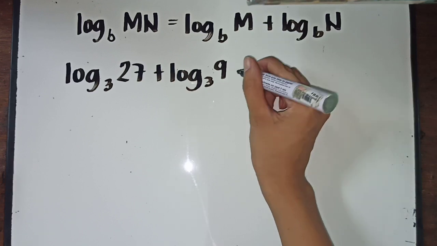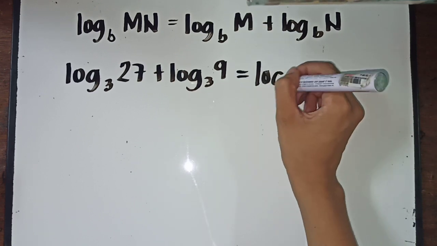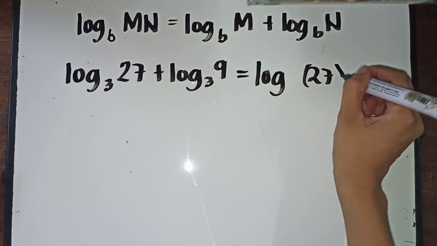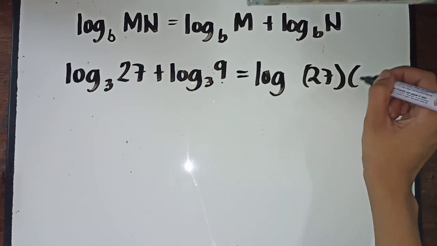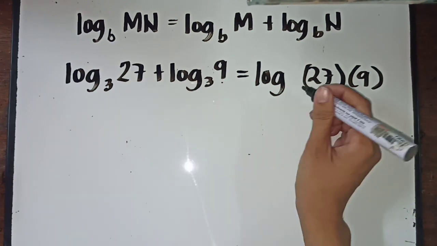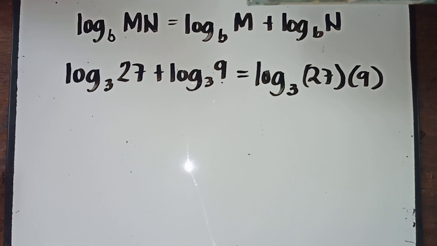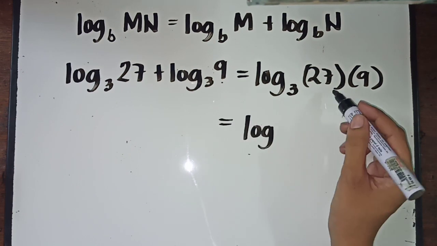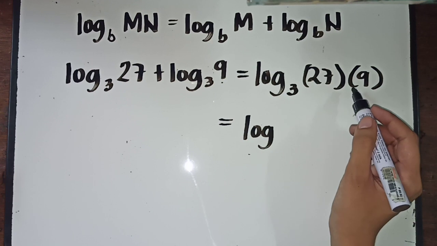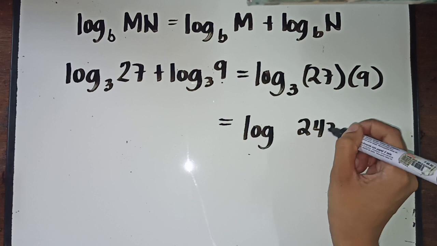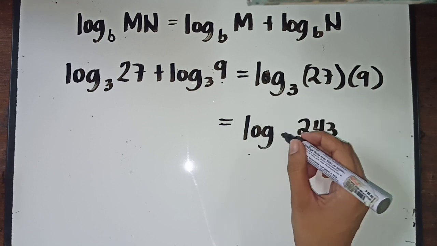So, that is equal to the logarithm of 27 multiplied by 9 to the base, the common base is 3, and that is equal to the logarithm of, ano po yung product ni 27 and 9? So, 27 times 9 is 243, and our base is 3.